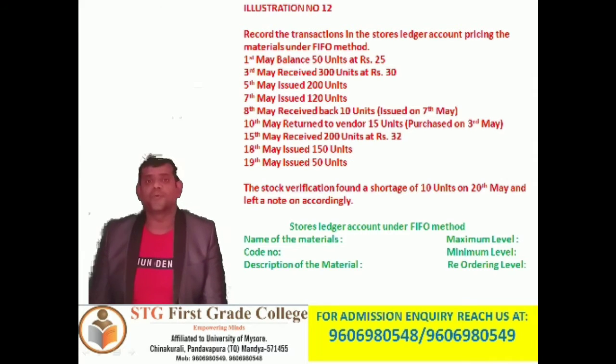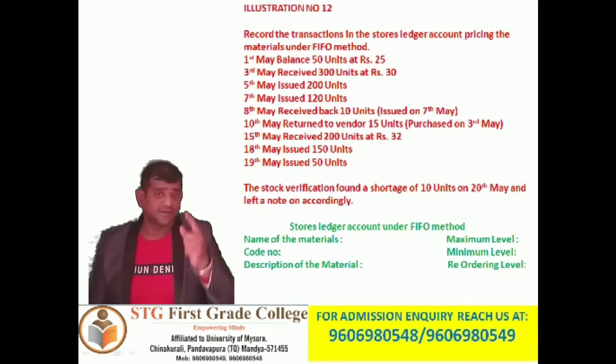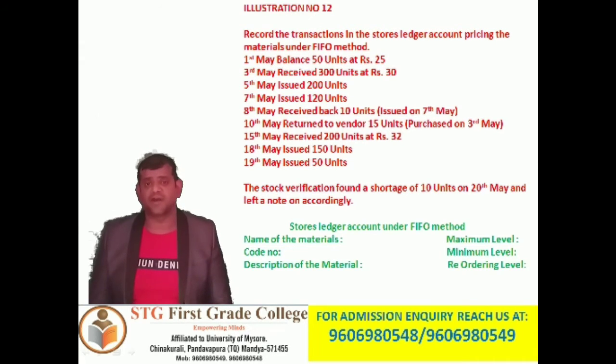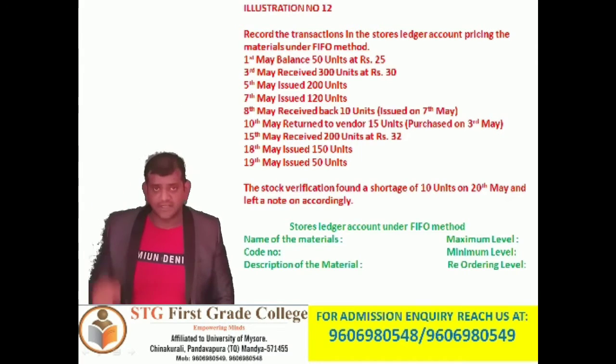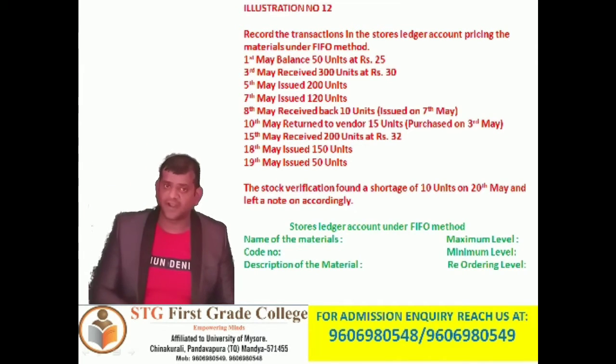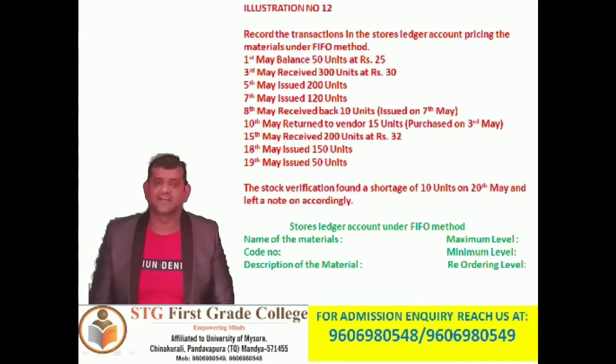Okay. So opening stock 50 units, that is on 1st May. Then return to stores, that is from the department. Return to vendor, that is from stores to vendor. Okay. Then shortage is also there, which was revealed on 20th May.